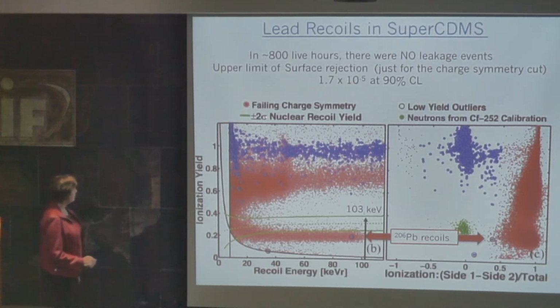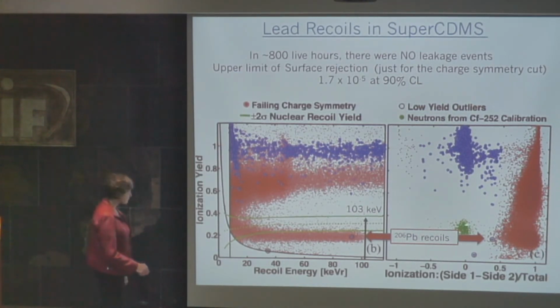This is a picture now of a yield diagram for the SuperCDMS detectors. What you see are the electron recoils here. What you see here are the surface events, but produced now by a source. And way down here you see the lead recoils also. And this is the band where we're expecting to see our neutrons or our WIMPs. We don't have neutrons in this particular picture.